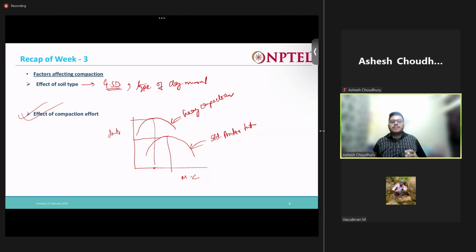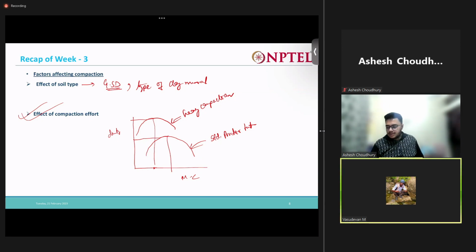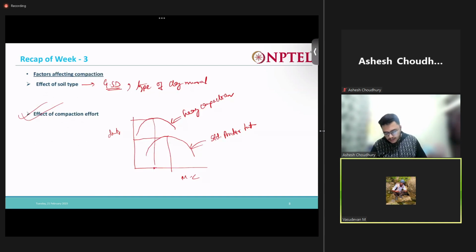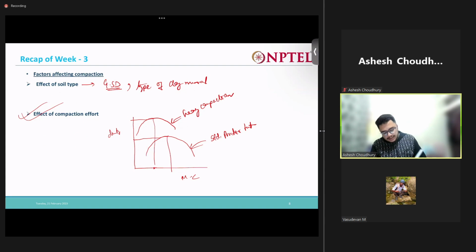So if you increase the amount of energy that you are putting in, the optimum moisture content will reduce and the dry density will go up. Like this, we keep plotting graphs as you keep increasing the compactive effort.